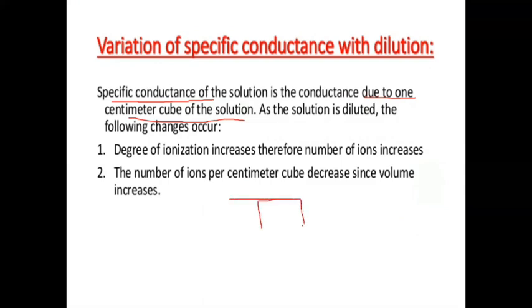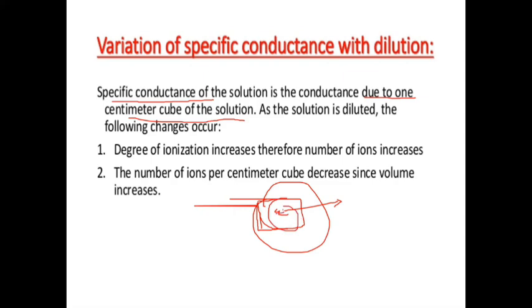For example, this is a 1 centimeter cube. The specific conductance depends upon the number of ions which are present in this area only. It depends upon how many ions are present in this 1 centimeter cube of a solution.